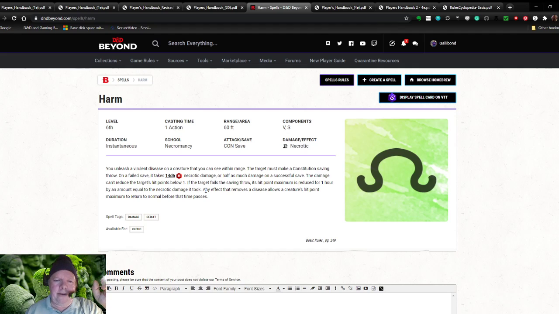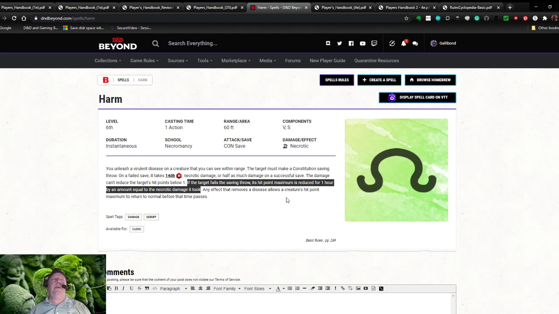So now this is similar as well, reducing the maximum hit points. With 14d6, let's just say you have a little higher than average rolls, you deal 60 hit points. That also means their hit point maximum is reduced by 60.